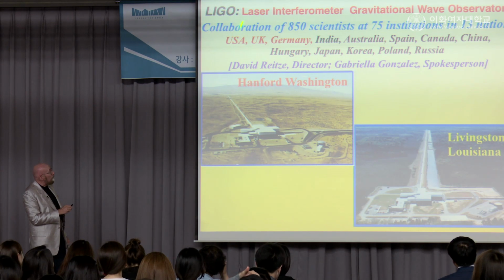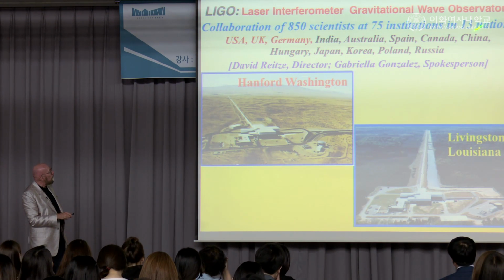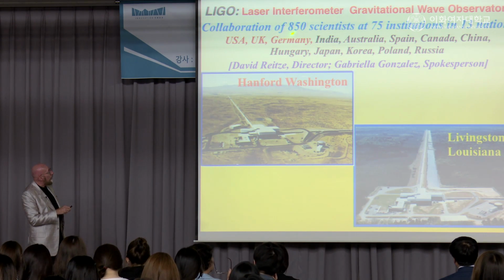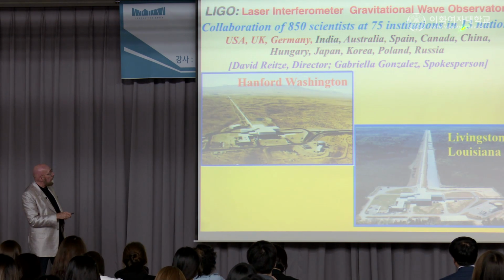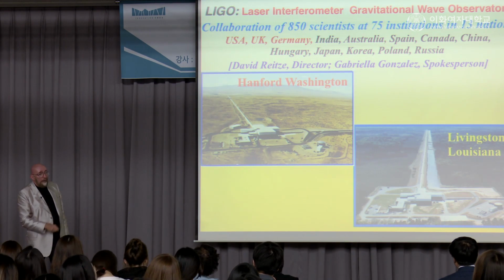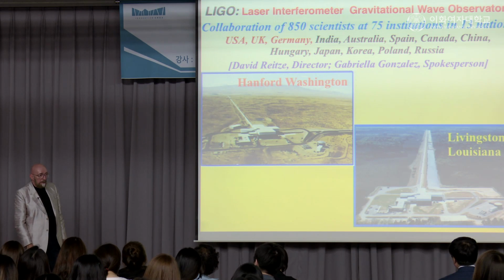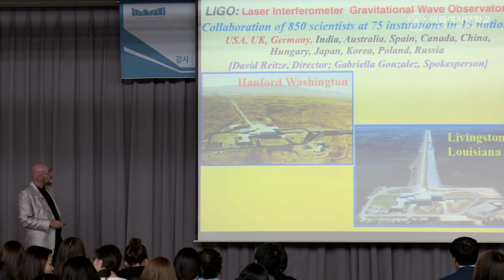So we now have LIGO, the Laser Interferometer Gravitational Wave Observatory. It's a collaboration of, well, it's now 900 scientists at 75 institutions in 13 nations. This includes Korea. There are 5 universities or research institutes in Korea that participate, each with several physicists involved.